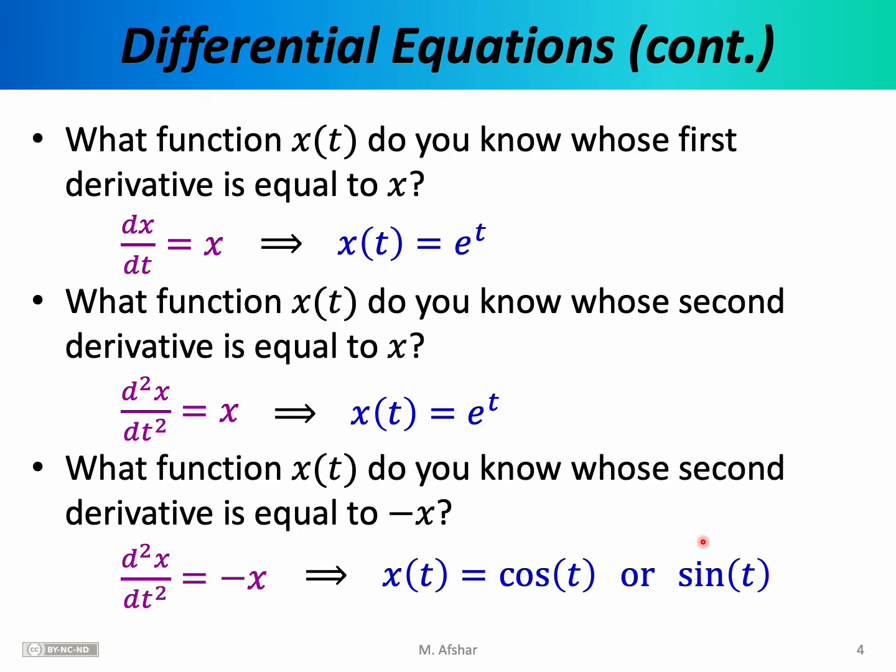If I take the first derivative of sine of t, I'll get cosine of t, and then if I take another derivative, I'll get minus sine of t, so I'll get back to the original function with a minus sign in front. So this particular differential equation that you see here actually has two possible solutions, cosine of t or sine of t.